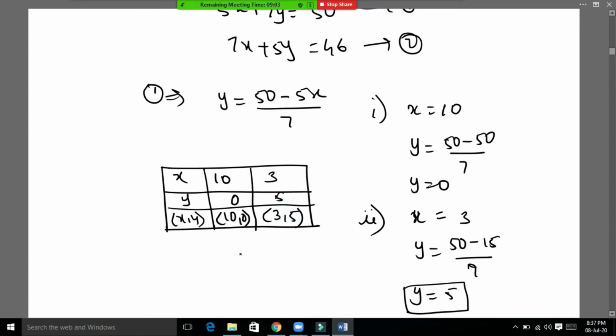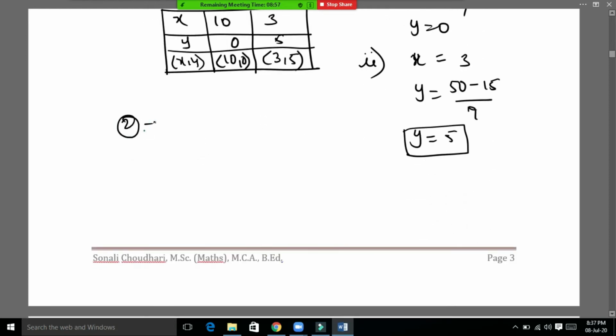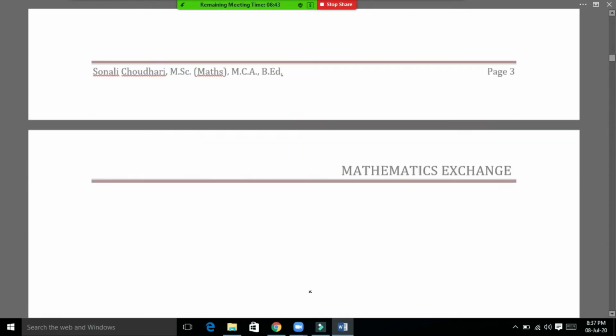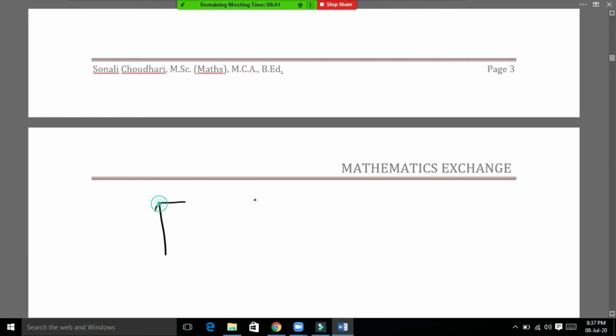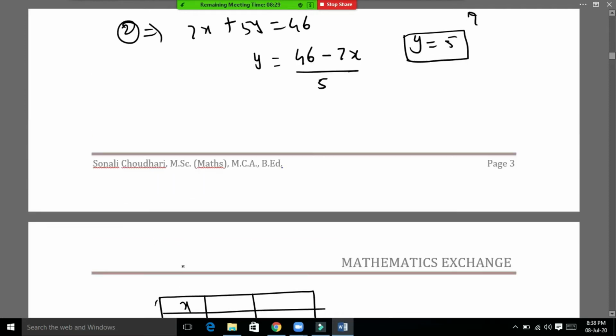Similarly we go for the second equation, 7x plus 5y is equal to 46. Convert in terms of y, we get (46 minus 7x) upon 5. So here we represent the table which indicates the values of x and y for the second equation. Now again we have to substitute such a value of x so that after calculating, the numerator must be divisible by 5.